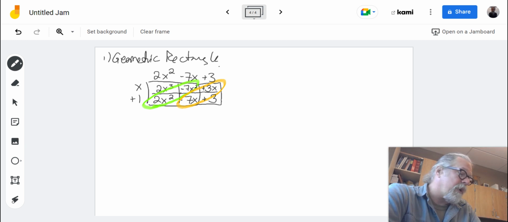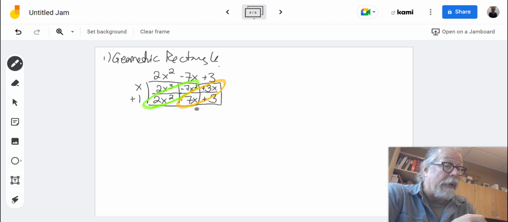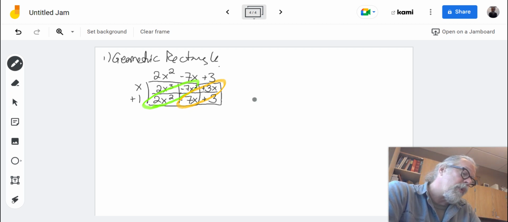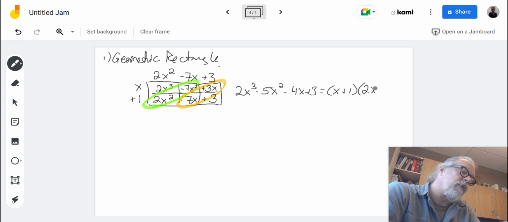And since my cubic ends in a plus 3, I now have the correct factorization. If it ended in something other than 3, I would have a remainder, but I don't have a remainder, so I'm set. Which means that I can write 2x cubed minus 5x squared minus 4x plus 3 as x plus 1 times 2x squared minus 7x plus 3.